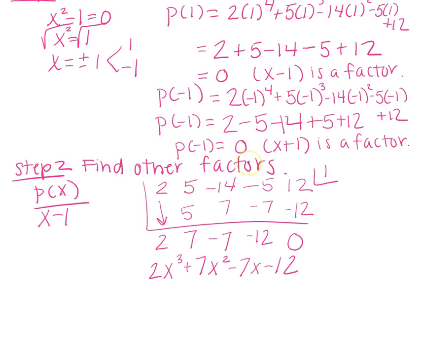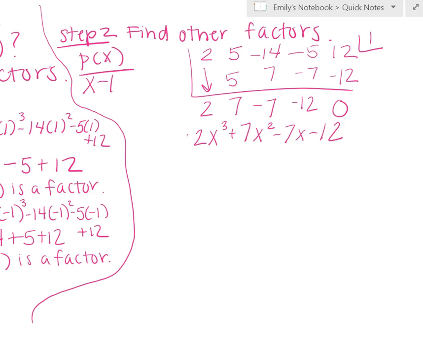I'm going to take the coefficients again. I moved up and moved all my work because I ran out of space. To recap, I divided p of x by x minus 1, did my synthetic division, and got this cubic. I can divide by x plus 1 also, so rewrite your coefficients.